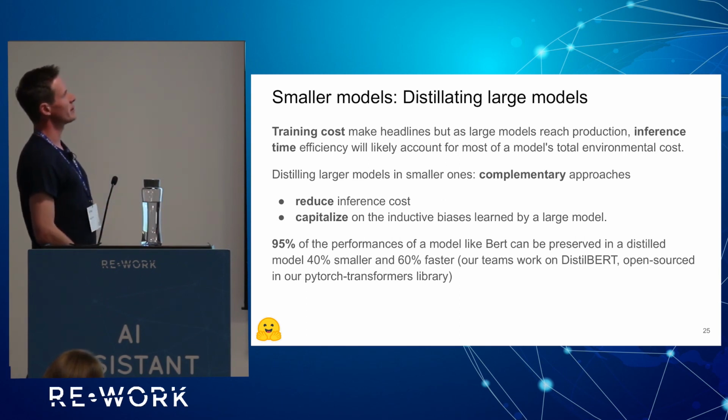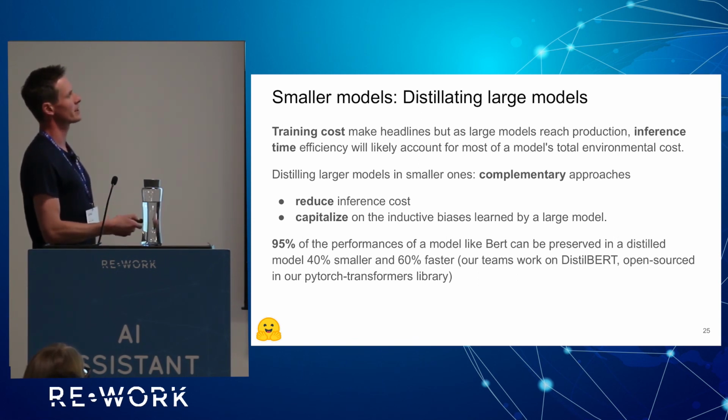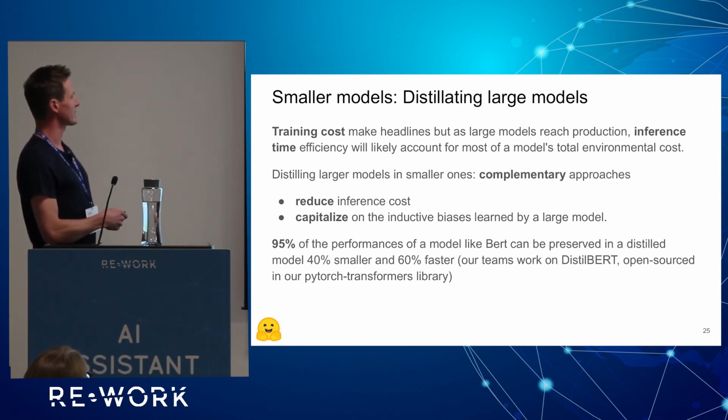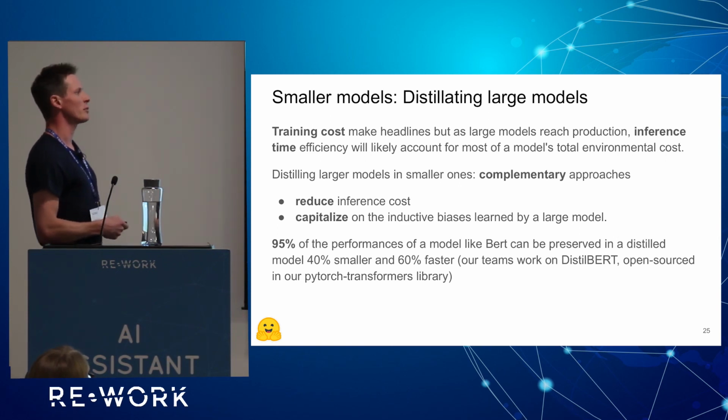So if you can use these large models, which are heavy to train, to make small inference models, that's cool, because you will capitalize on all the knowledge the large model learns, and you will still have a small inference cost because you have reduced this large model to a smaller one. And we can do that. That's what we published this summer. You can keep, actually that's 97% now, we're even better, almost all the performance of a large model, and you can reduce the size of the model by at least 40%.